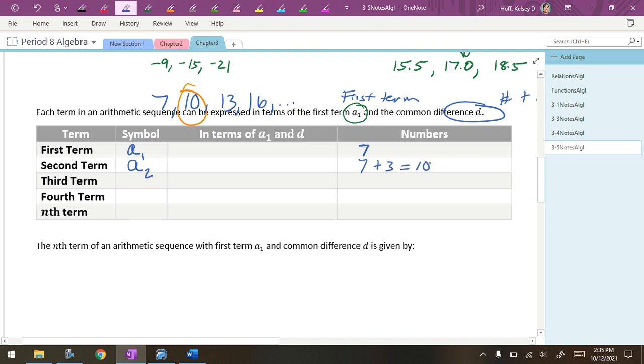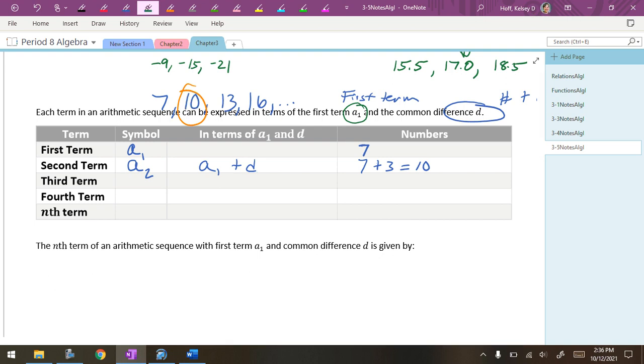Okay. So 7 we said was really A1, agreed? So if we took A1 and we added the common difference to it, 7 plus my common difference of 3 gave me the second number 10. Good?